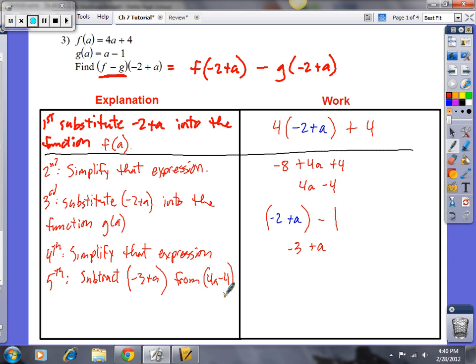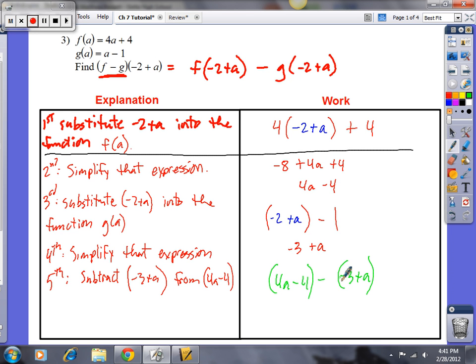And let's show the work. Maybe I'll change colors. You're going to take what you got in f, which is 4a minus 4, and subtract a negative 3 plus a. Now this is where the tricky part is, because you need to subtract both those terms. There's a negative 3 and there's an a.